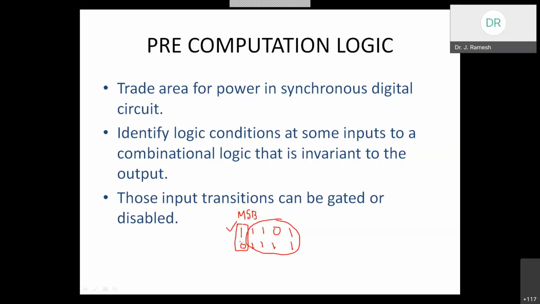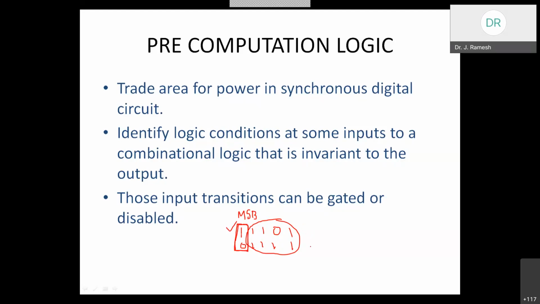In that case, these MSB bits can be considered as pre-computed inputs. If we are able to make the decision based on these pre-computed inputs itself, then the propagation of the other bits can be stopped, so that it will avoid the unnecessary switching activity inside the circuit.